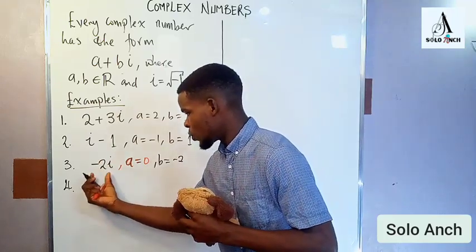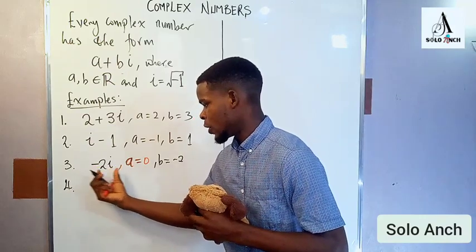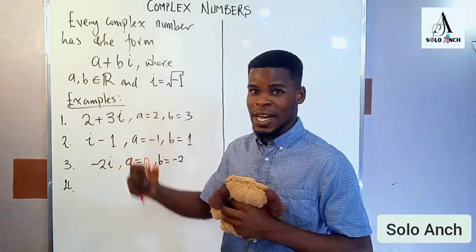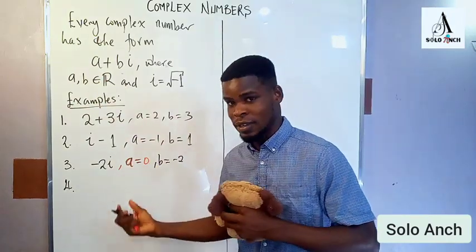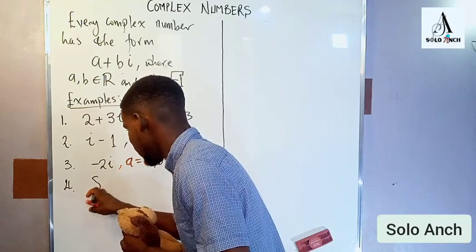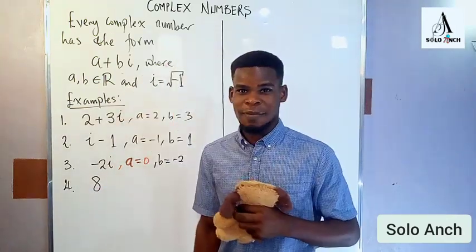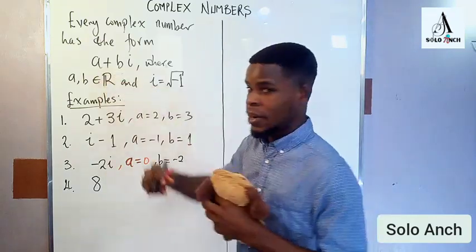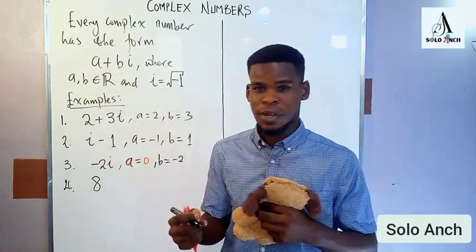So what you see here is that this is still a complex number, even when this part that does not have the i, which we call the real part, is not there. Then the next example I'll give is this number 8. This is also a complex number. Remember, from the general form, we say where a and b are real numbers. And you know that 0 is a real number.